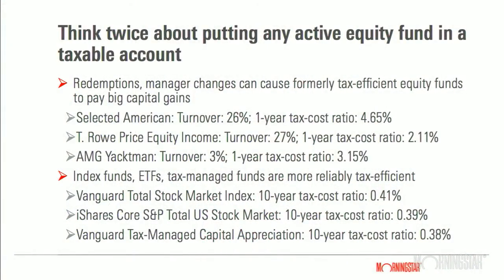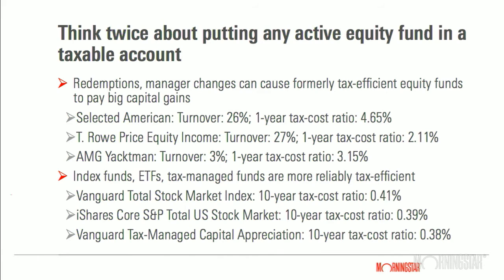So in terms of active equity funds, I've hit on some of the risks that you can have by putting these investment types within your taxable accounts, these unwanted capital gains distributions. So I've listed here just a few funds that have very low turnover, and they're actually all really good funds, but for one reason or another, their recent tax histories have not been great for investors who have held them inside of their taxable accounts.